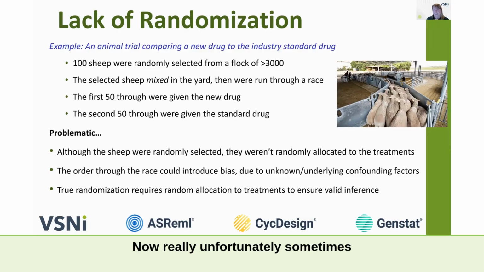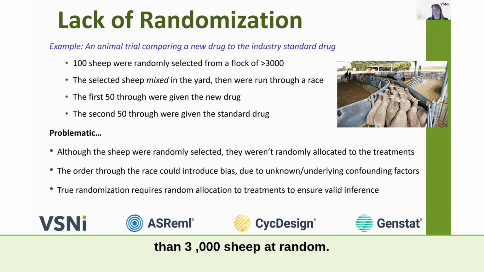Now, really unfortunately, sometimes we think we've randomized treatments to experimental units, but our methodology is flawed. So here's a little example. It's actually from a study that I recently reviewed. In this trial, 100 sheep were selected at random from a very large flock of more than 3,000 sheep.